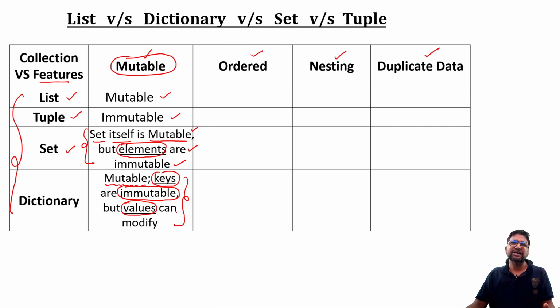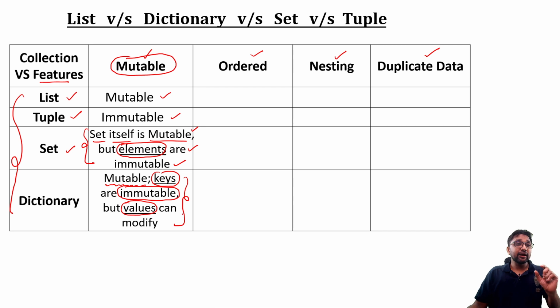Otherwise, if somebody asks you whether dictionary is mutable or not, you will simply say yes, dictionary is mutable, but when you make modifications, you cannot modify keys actually. And there is a reason why you are not allowed to modify the key: the dictionary at the back end is implemented using a hash table.